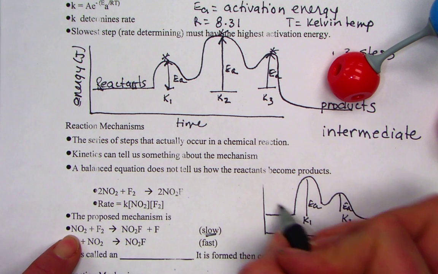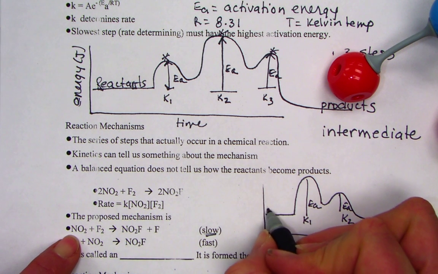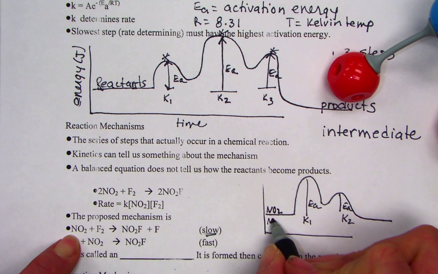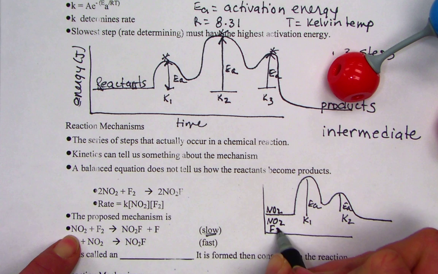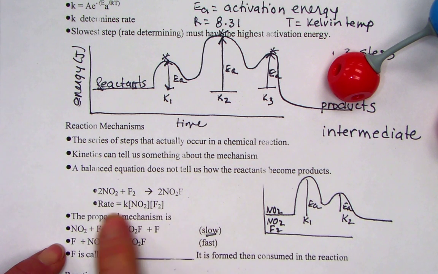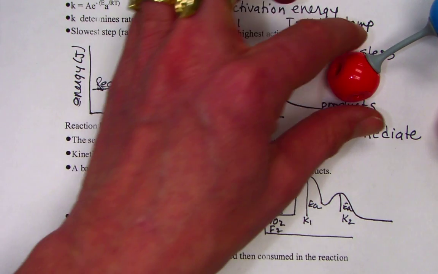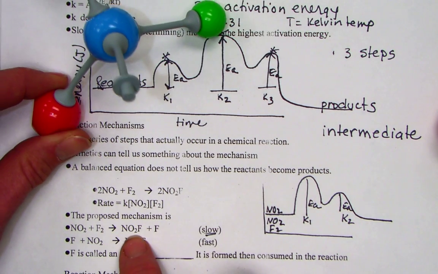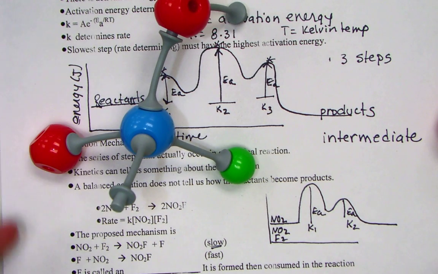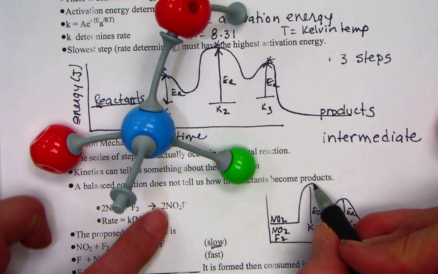Thinking about what we started with, the reactants, we had NO2, another molecule of NO2, and a molecule of F2. We decided the first collision based upon the rate law would be a collision of the molecule NO2 with the molecule of F2. And at the top of that barrier, we formed what was an intermediate.